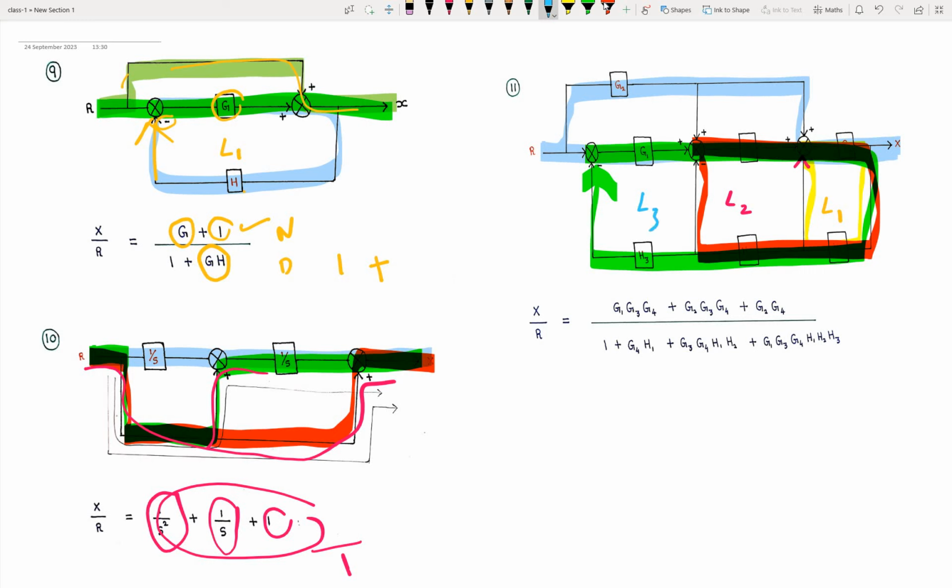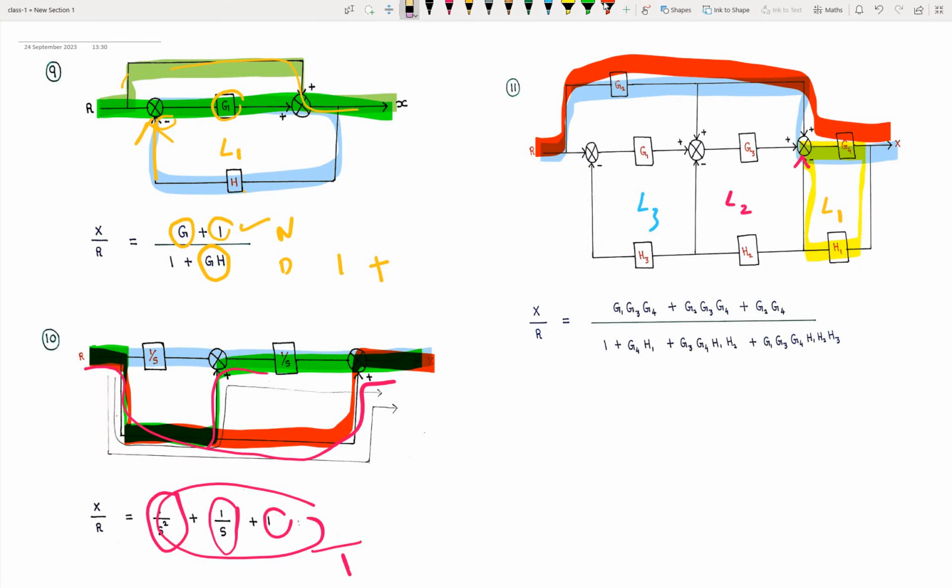So we have two forward paths. This is one forward path, this is one more path, and one more forward path is this one. So there are three forward paths. Let me erase all these things so that you can see the blocks.